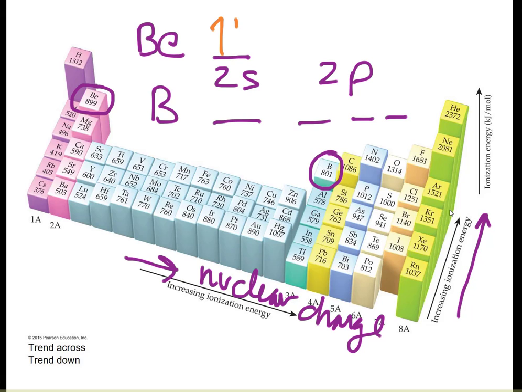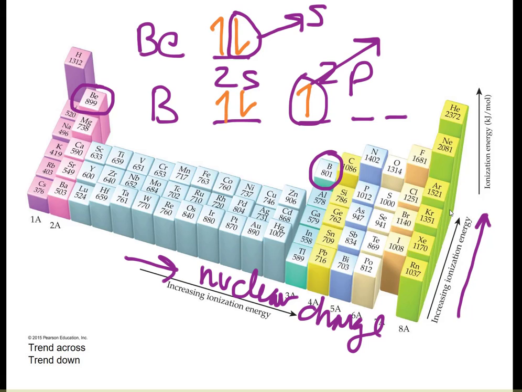Beryllium has 2 electrons in its 2s sublevel or 2s orbital. Boron also has that, but it has 1 electron in its 2p sublevel. So when we talk about removing an electron, we're talking about removing this one, and we're talking about removing this one. And in beryllium, we're removing an s electron. In boron, we're removing a p electron.